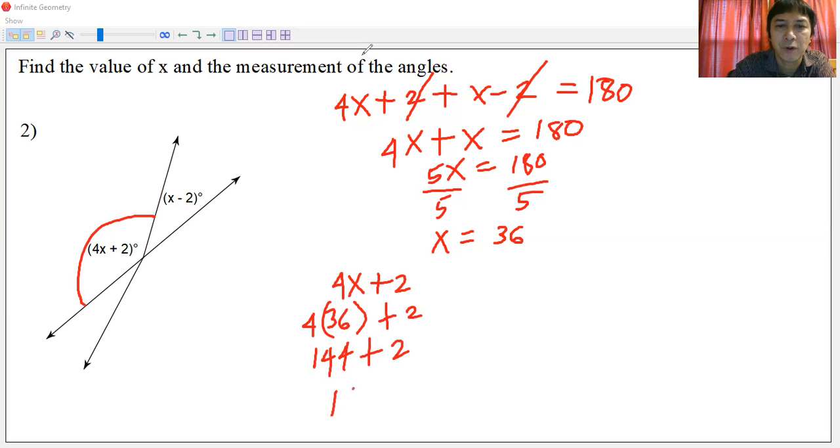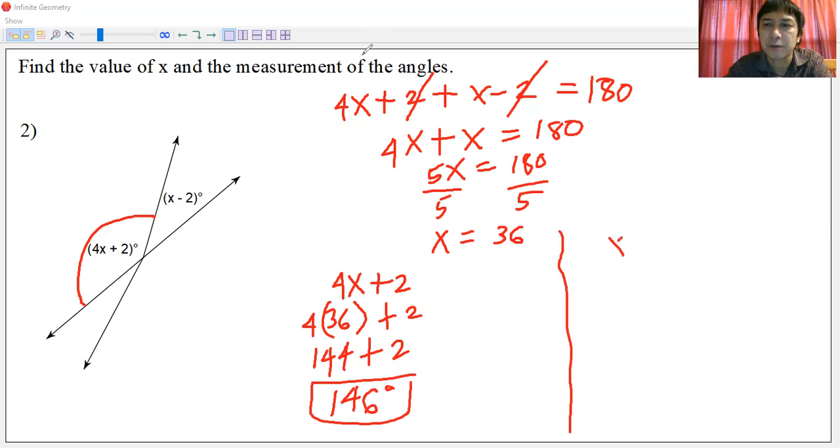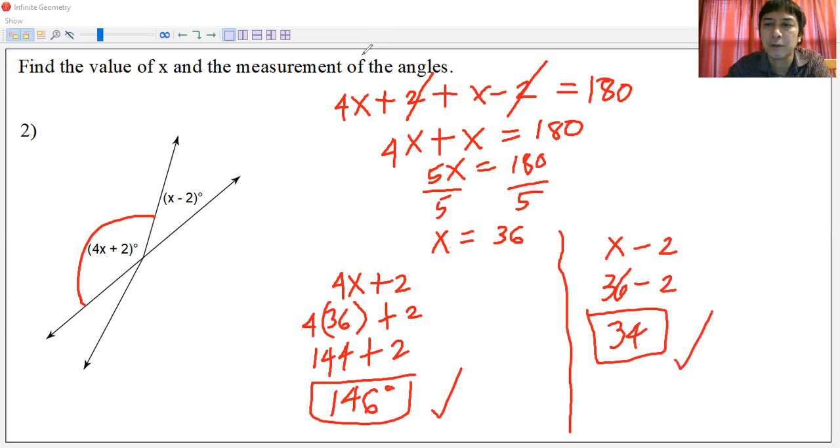This means 146 degrees. Okay, that's our first angle. How about the other one? The other one is x minus 2. That means 36 minus 2. That gives 34. So we have this angle and this angle.